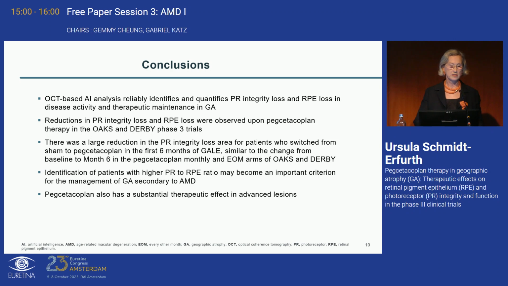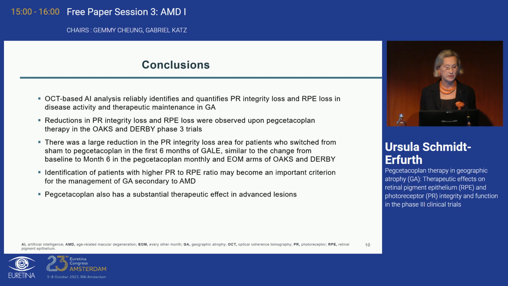Conclusions: OCT-based AI analysis reliably identifies and quantifies photoreceptor integrity loss and RPE loss in disease activity and therapeutic maintenance. Reductions in photoreceptor integrity loss and RPE loss were observed upon therapy in both trials very consistently for each patient.